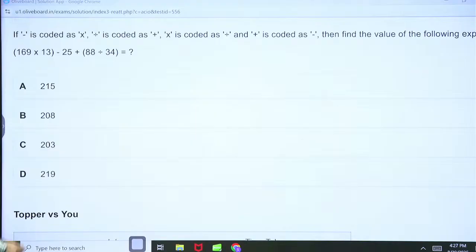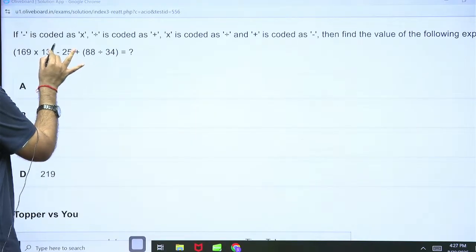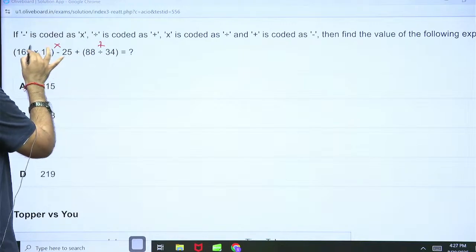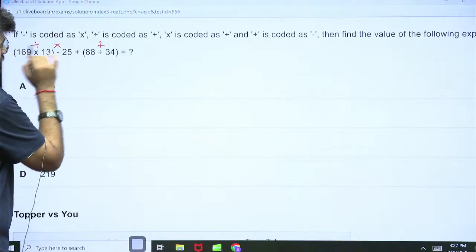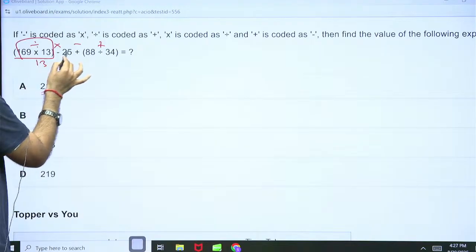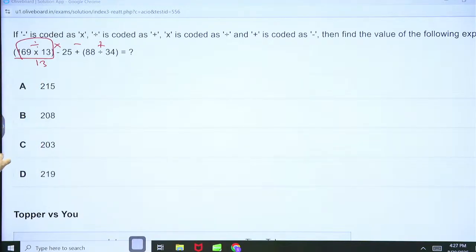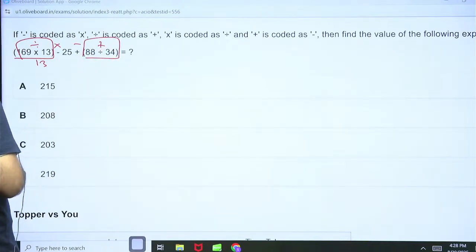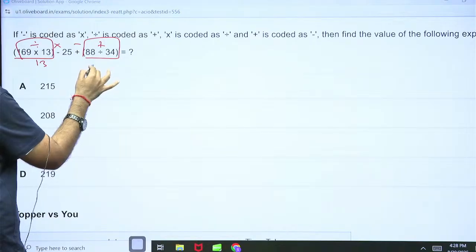So minus is coded as into, divide is coded as plus, into is coded as divide, and plus is coded as minus. So what is the value? 169 divided by 13 is 13. 13 into 25, that is, okay, minus 88 plus 34. 110 and 12, 122.